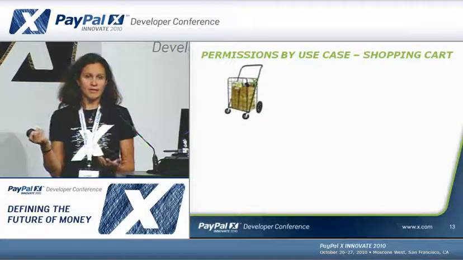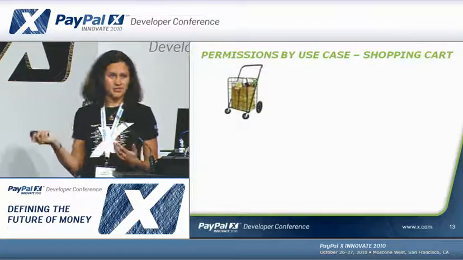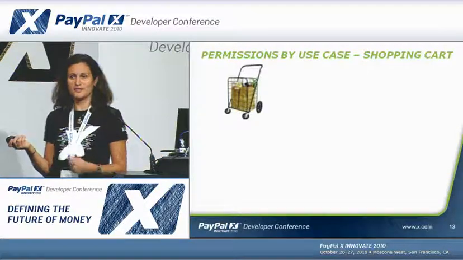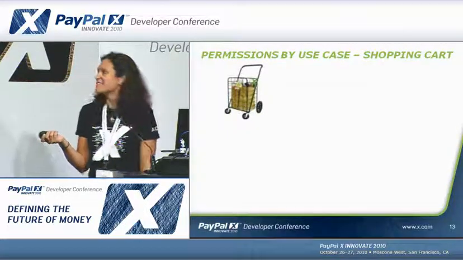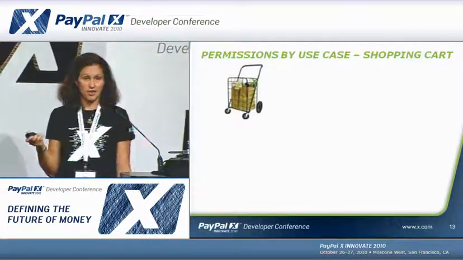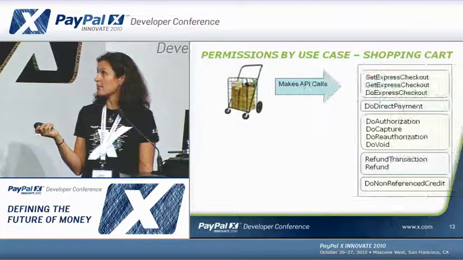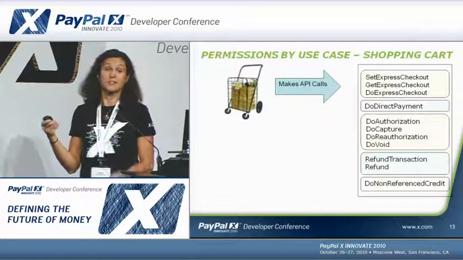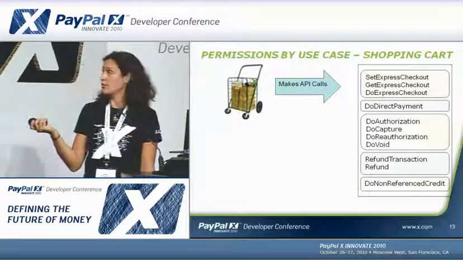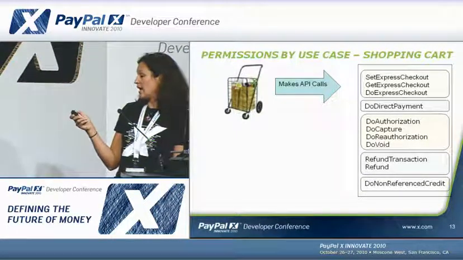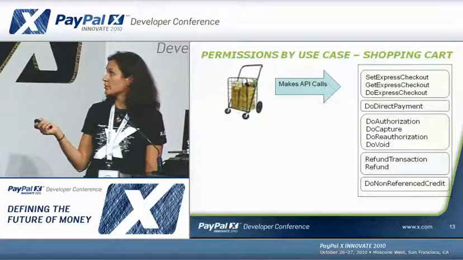Now I would like to take you through all the permissions that are available through this service using some use cases. So let's say, again, it's a shopping cart. Typically, a shopping cart app will make the following API calls. If you notice, there are boxes.